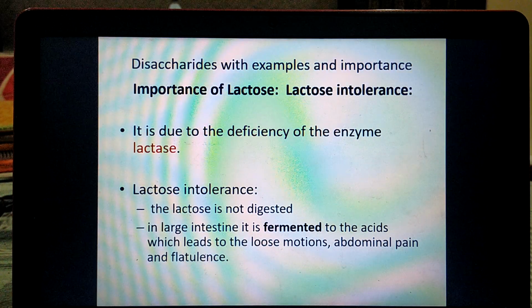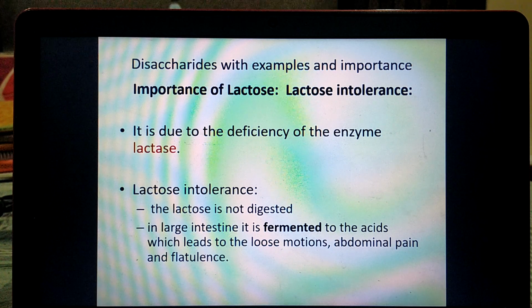Now, the importance of lactose. A clinical case is seen which is called lactose intolerance. It is quite common as compared to sucrose intolerance. It is due to deficiency of the enzyme lactase. In lactose intolerance, lactose is not digested due to deficiency of the enzyme.